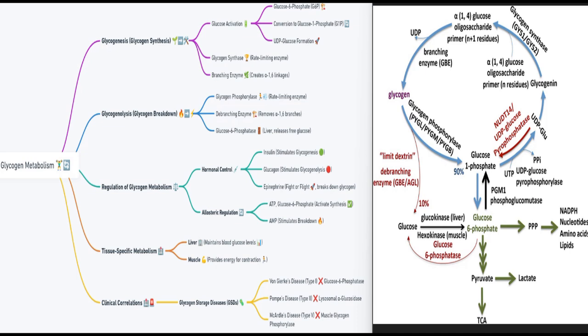We try and remember the role of glycogen and the primary tissues involved in its metabolism.